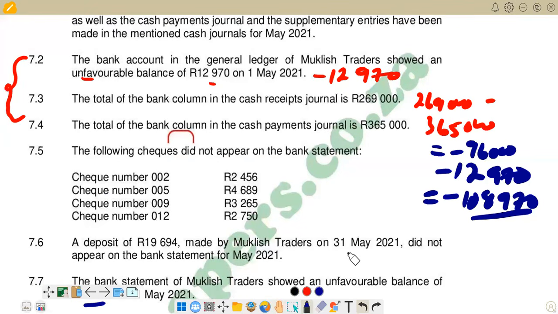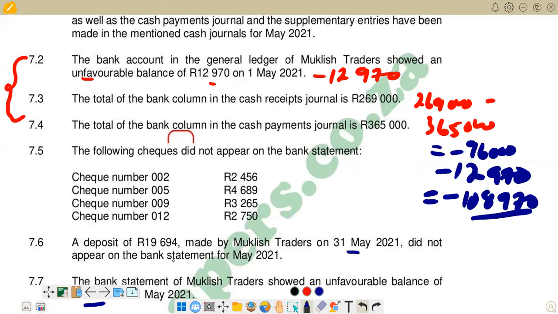This is the very current date according to the period that we are preparing for. That is 31 May 2021. And this deposit is not appearing on the bank statement. So there is an allowance that that deposit is going to take place, and it's along the way. So we are going to record it. Although it's not appearing on the bank statement, on the reconciliation, we are supposed to include it.